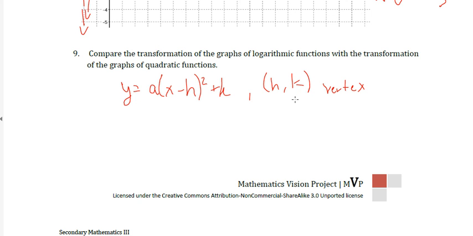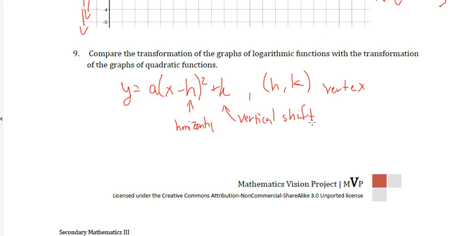So this is our horizontal shift, and this is the vertical shift, just like we did before. This is also the reason why I do minus, whereas they for some reason do plus when they gave it to you initially, because minus matches what you have in point slope form for linear functions and vertex form for quadratic functions. So it's the same idea, just written a little bit differently.